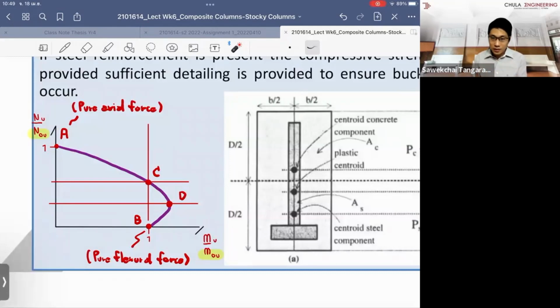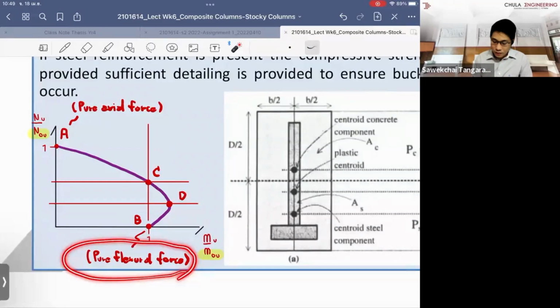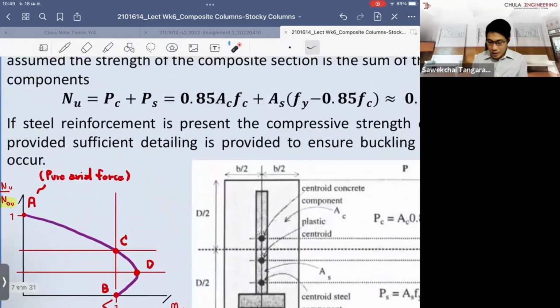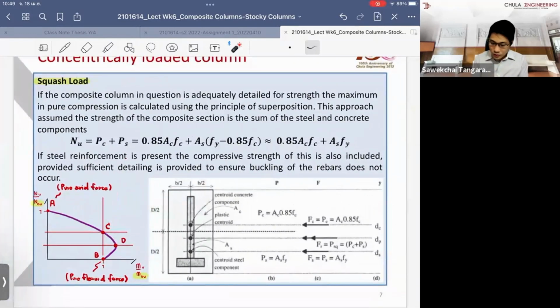The only force developed in the cross section is just the frictional force or the bending moment. This is similar to what you design for the beam. And this one, you assume that the full column resists the axial compression, so there are no frictional forces and no moment.